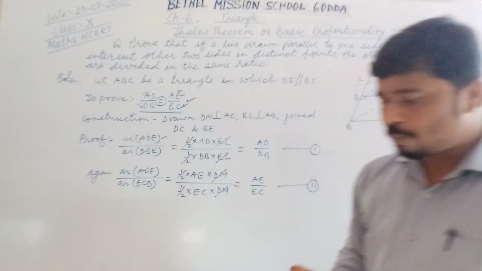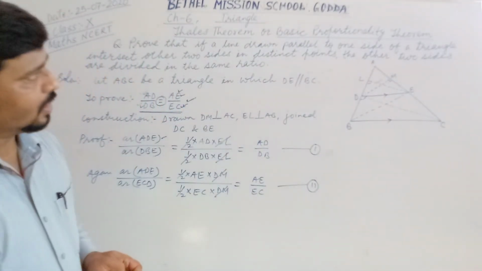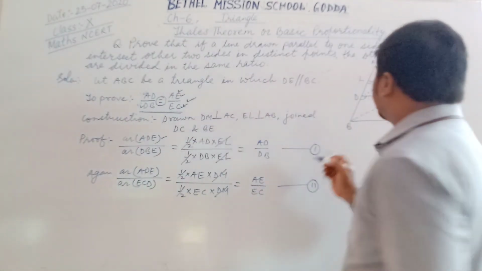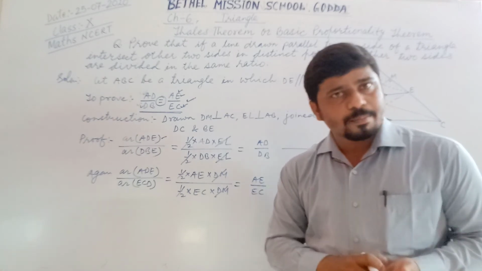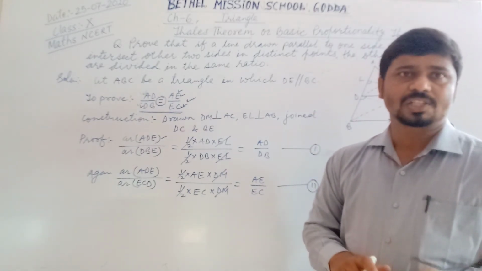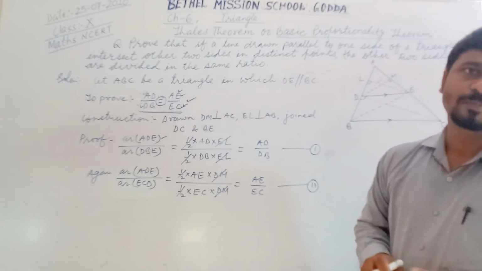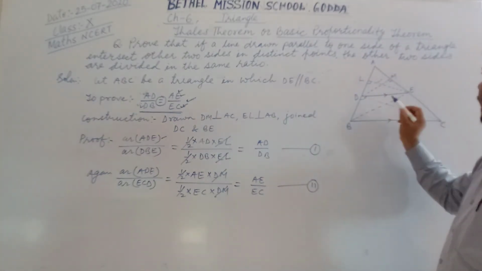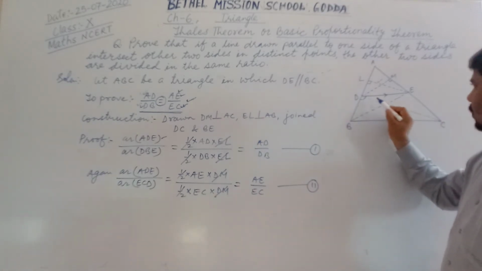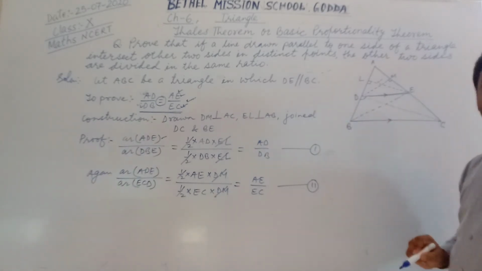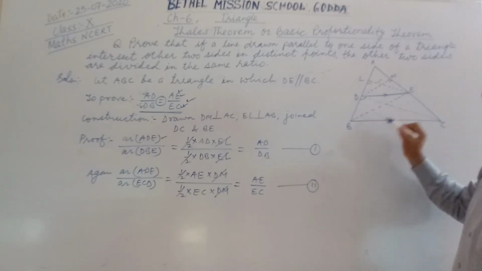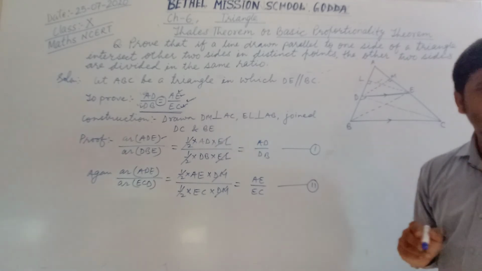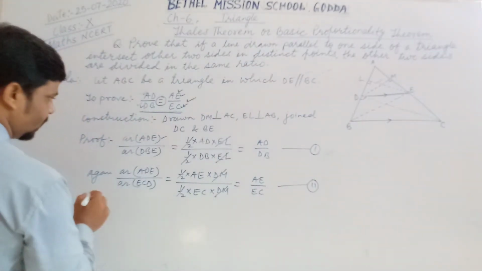This property we have already studied in class 9: if two triangles are on the same base and between the same parallels, they are equal in area. So the areas of these two triangles will be equal. We will write that property.